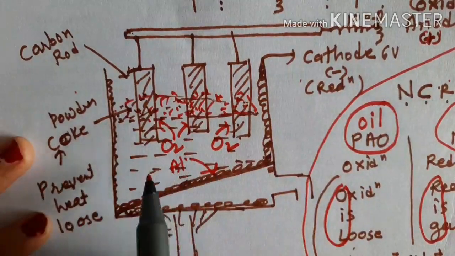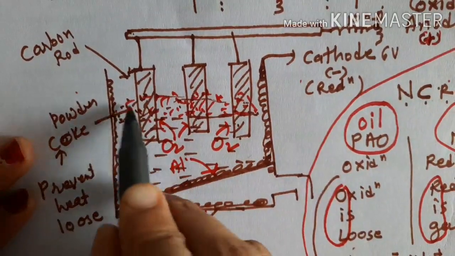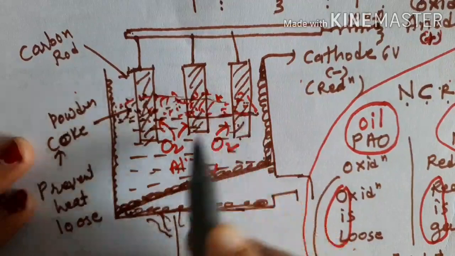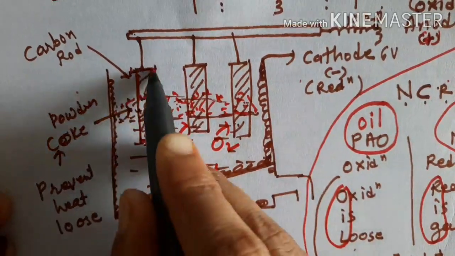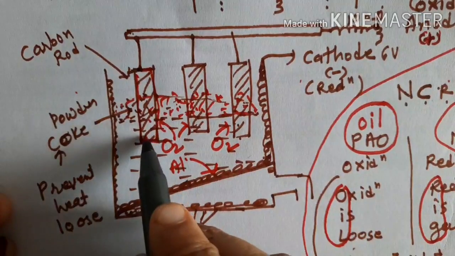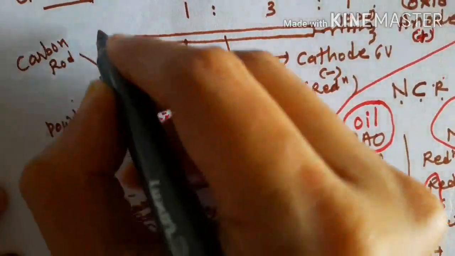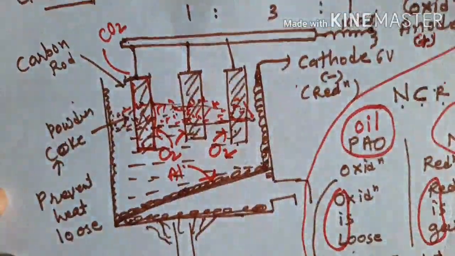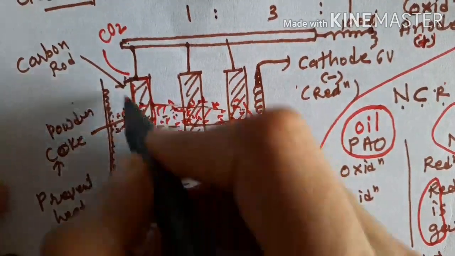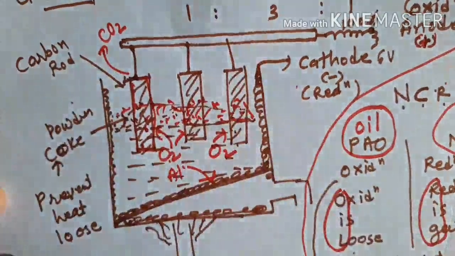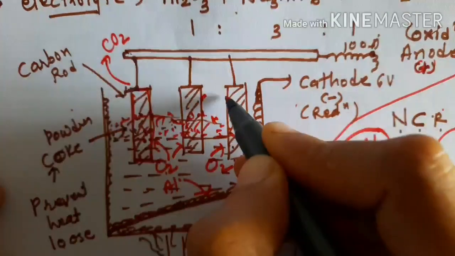Got it? So what happened, the carbon coke is there, so this oxygen reacts with this carbon and converts into carbon dioxide, CO2. This oxygen reacts with the carbon on the anode and converts into carbon dioxide. Same thing happened with this.